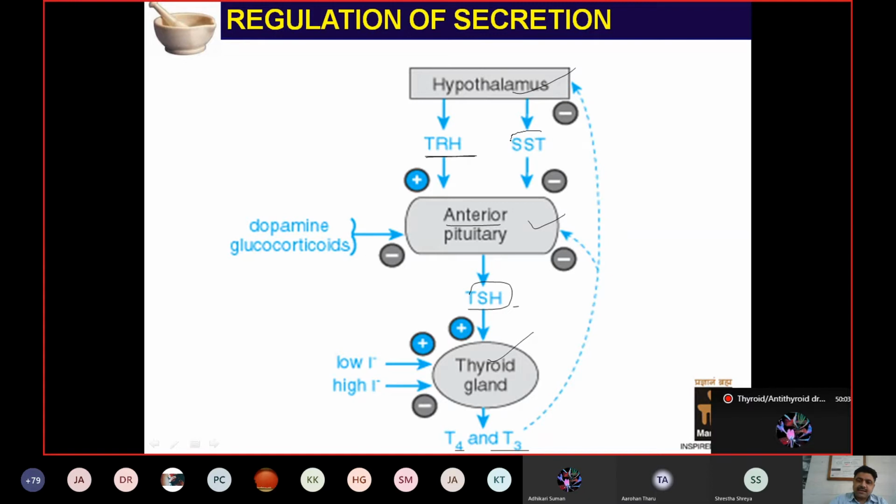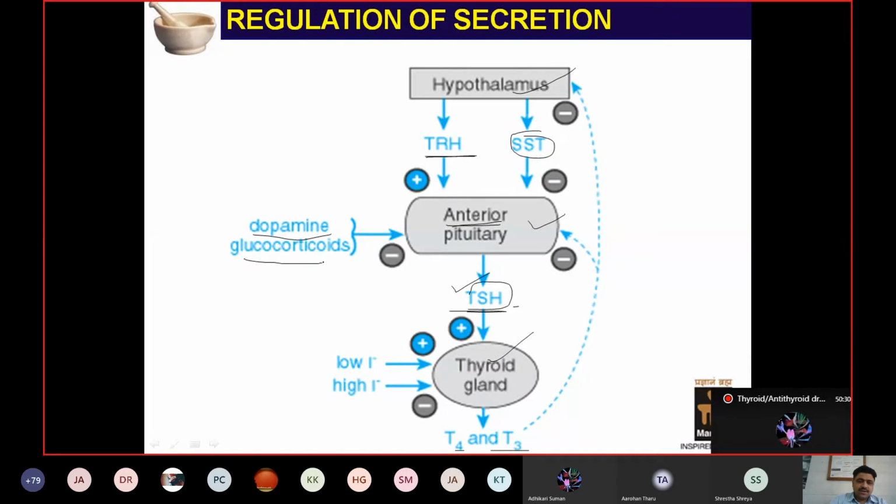Apart from that, I have already said that there is a role of somatostatin, which inhibits the anterior pituitary gland. These two you have to know. Dopamine also inhibits the anterior pituitary gland from releasing TSH, so dopamine decreases the release of TSH.